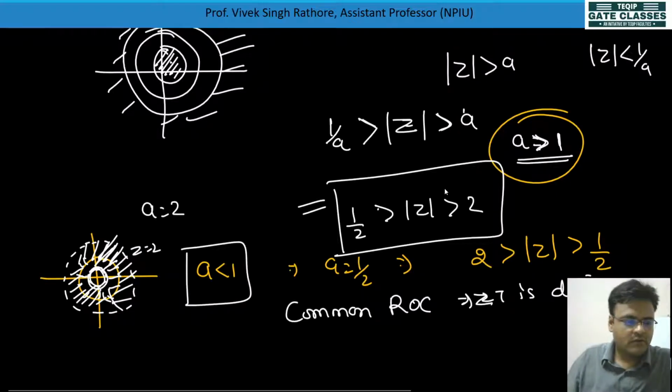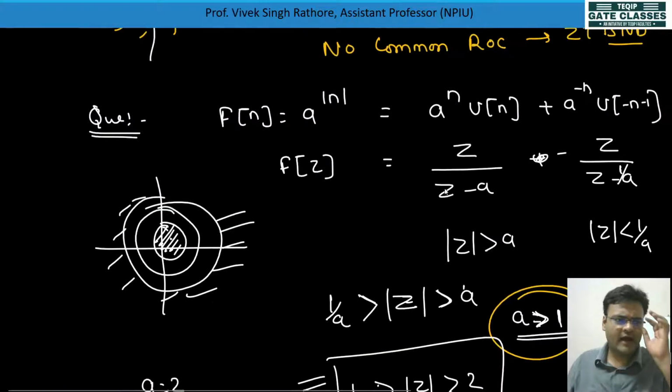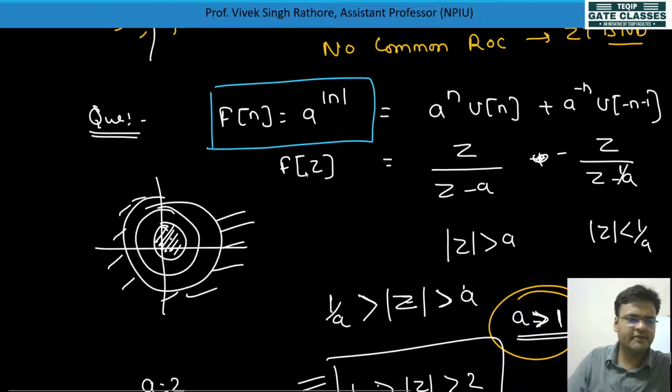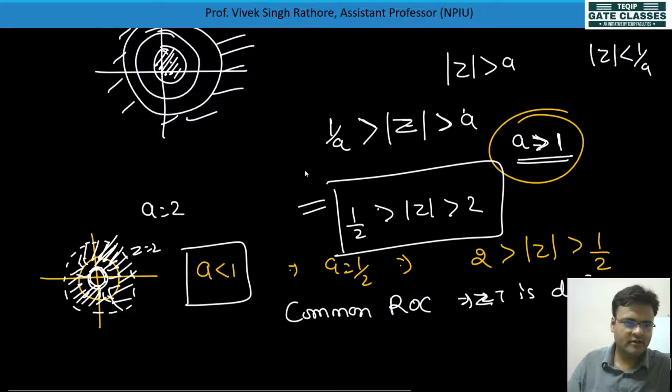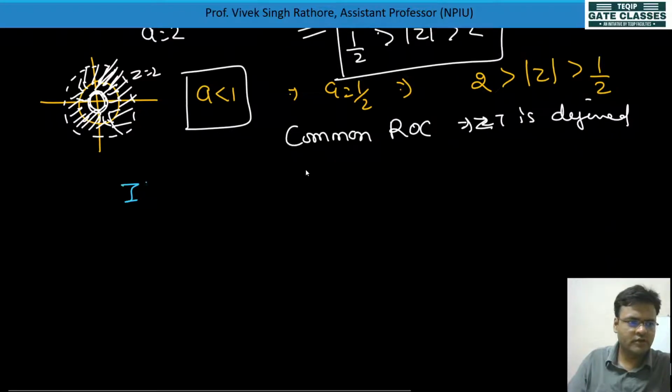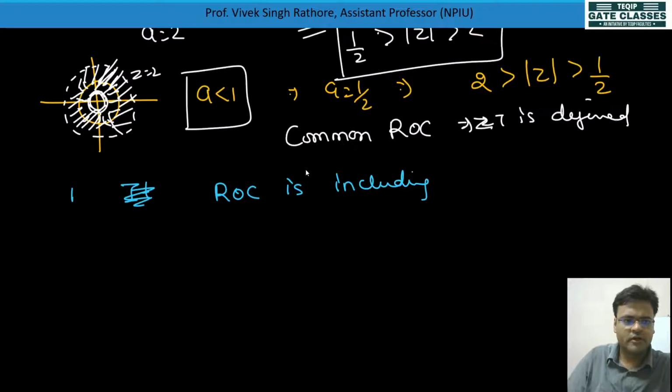Okay, if you are asked whether the DTFT is possible for this type of signal, you can see that its common ROC is greater than half and less than 2. The ROC is including your r is equal to 1 circle, that is the unit circle.